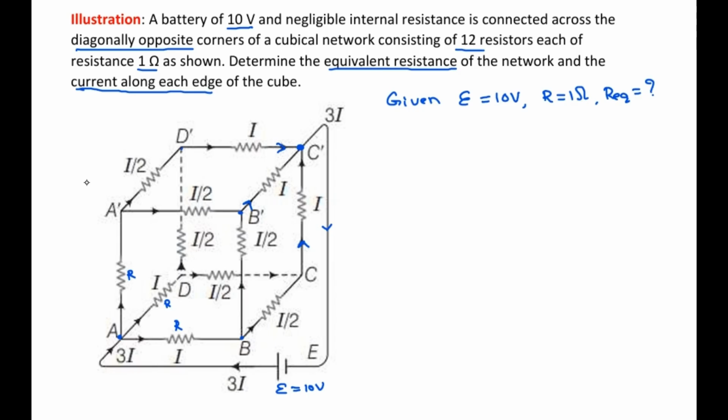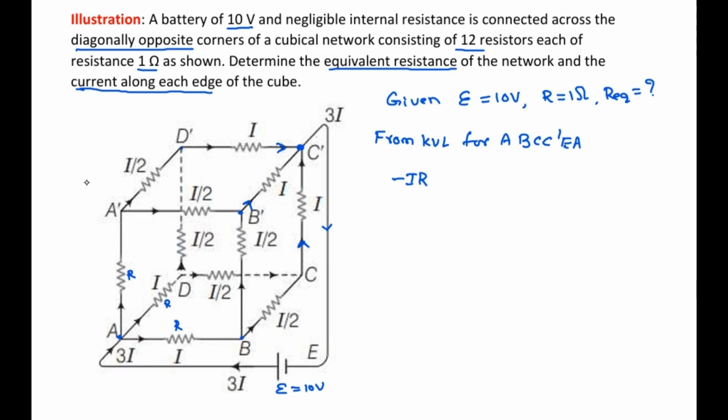Now if you apply Kirchhoff's voltage rule for the loop A, B, C, C dash, E, A, a closed loop, what can we get? The current passing from A to B is I through resistance R, so the potential difference will be minus IR as per the rule.